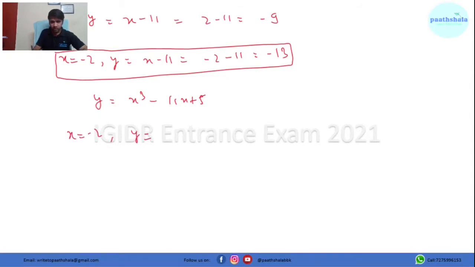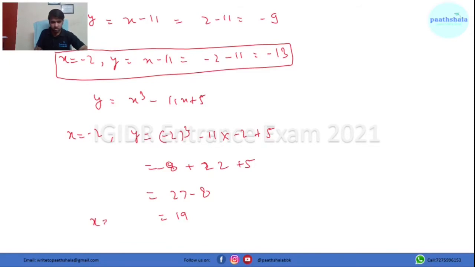We should get minus 13, but let's see what we are getting here. x cube minus 11x, 11 into minus 2 plus 5. Here it is cube, right? So it has to come out to be minus 8 plus 22 plus 5. So this is coming out to be 27 minus 8, that is 19.